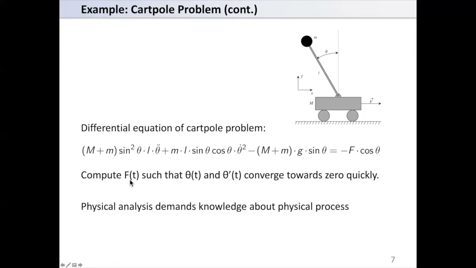Compute F at time t such that theta t and the derivative of theta t converge towards zero quickly.